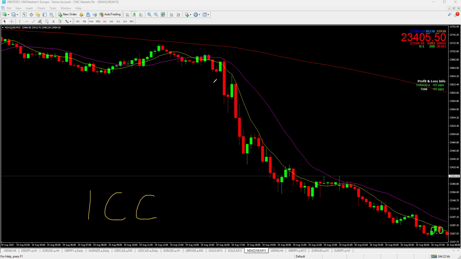An impulse move is something like this, when the price pushes powerfully in one direction. In this case, it happens to be to the downside. Other times, it could be to the upside. But the impulse is this move down, all the way down.